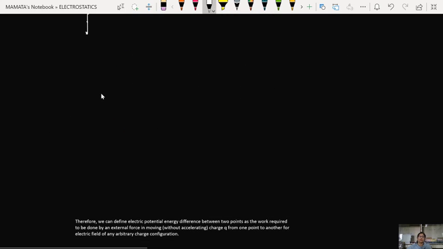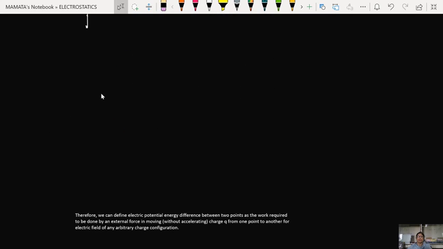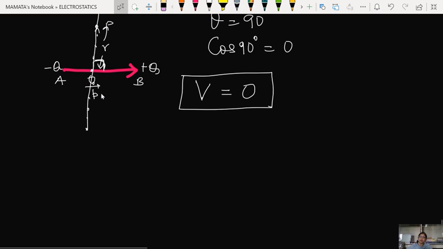Now students, from this equation it can be asked: is it possible that the electric field is there but the potential is 0? Your answer should be yes. At the equatorial plane of a dipole, the electric field has a finite value but the potential is 0.